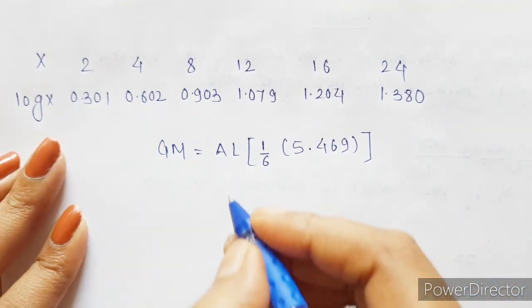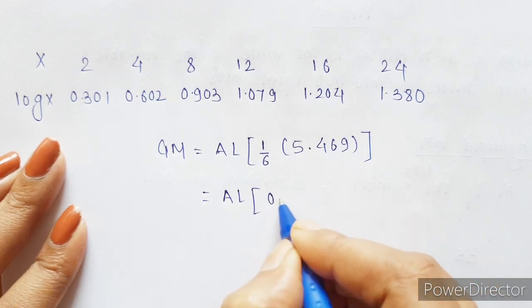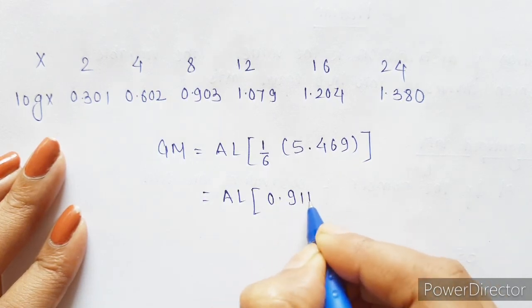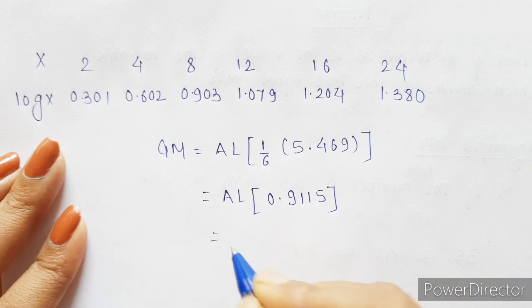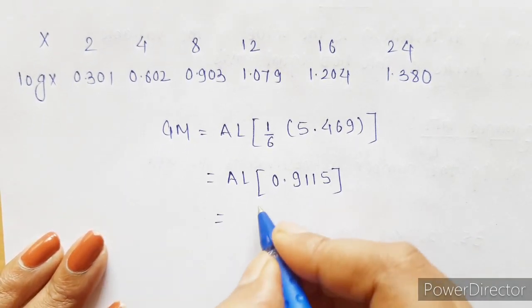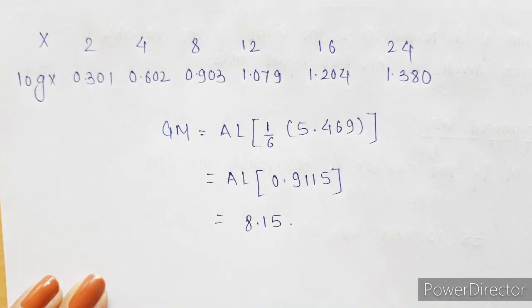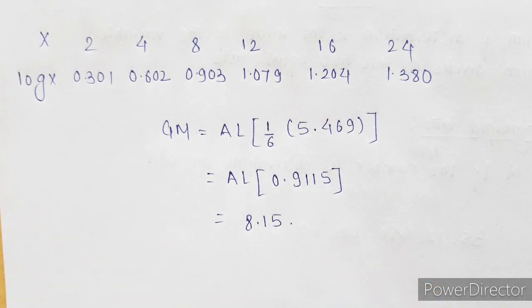And after dividing it by 6, it is 0.9115, and then you have to take anti-log of 0.9115, and what you will get is 8.15. So from both the methods you are going to get the same value. So it is your choice to use any one of these.